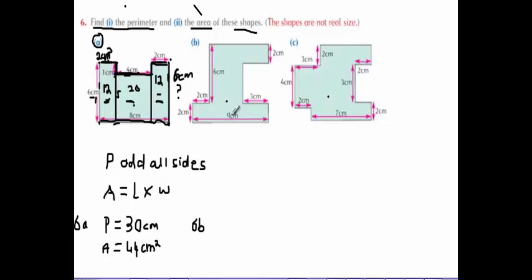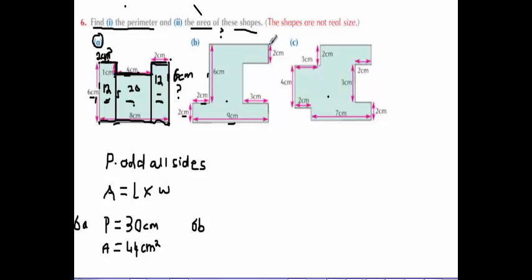So the first thing we have to do is find our perimeter. We said that our perimeter is when we add all of the sides together. So let's look at the sides that we have, and I'm going to start along this line here, which is 9 centimeters, 2 centimeters, that's 2 centimeters, 6 centimeters. I have no value for this line, so I'll just put a question mark there for the moment.